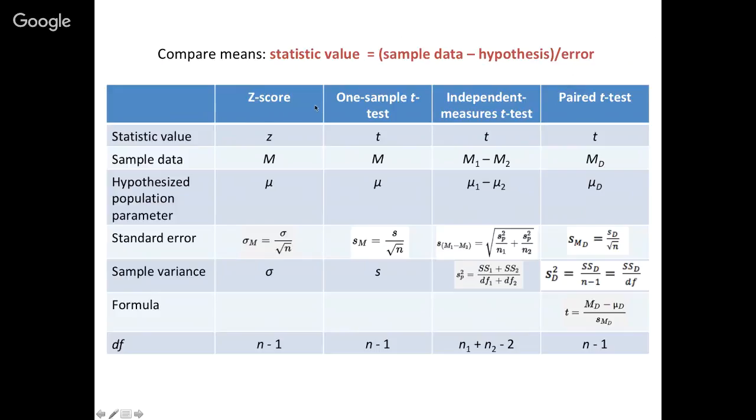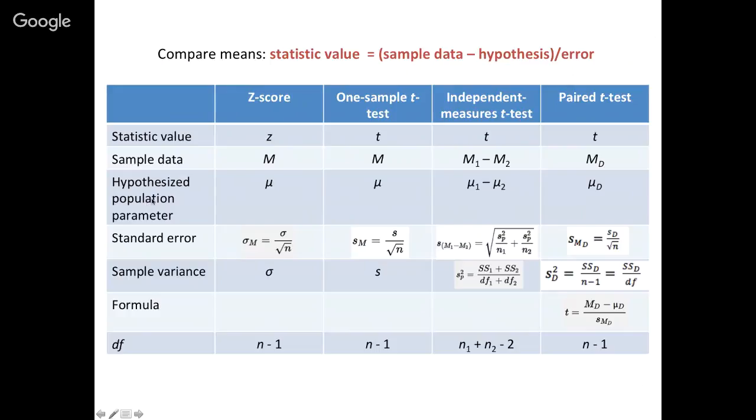Here we list the components for each design. For example, for a z-score test, the statistic value on the left-hand side of the equal sign is z. The sample data here is the sample mean after treatment.